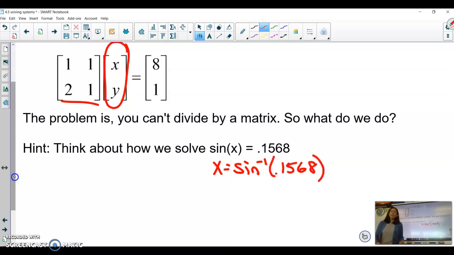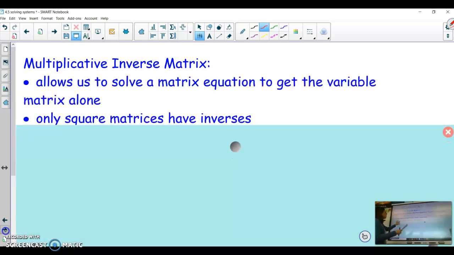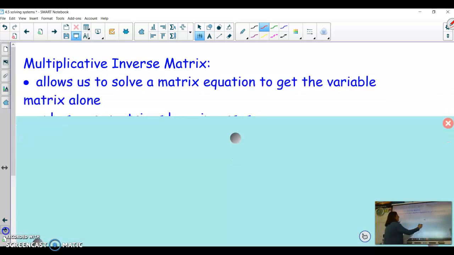Well, we're going to do a very similar thing today with inverses of matrices. So the multiplicative inverse matrix allows us to solve a matrix equation to get what's called the variable matrix alone.